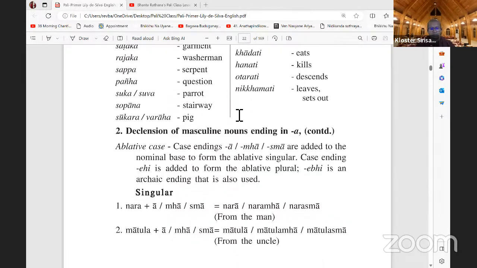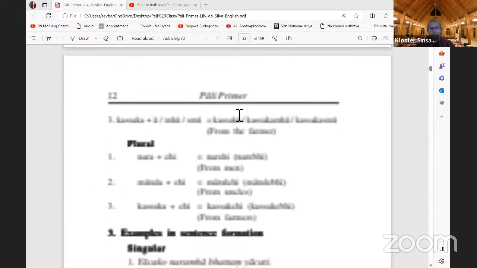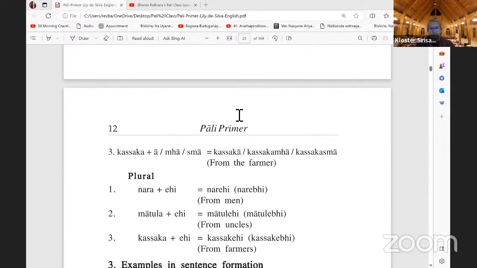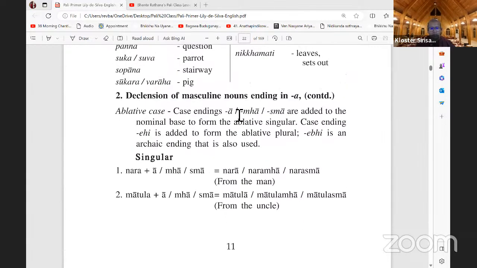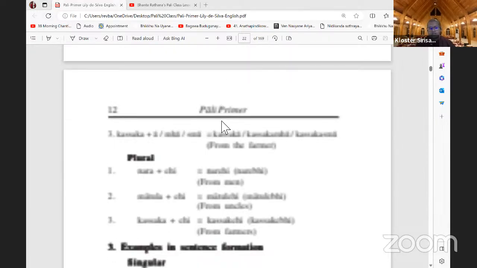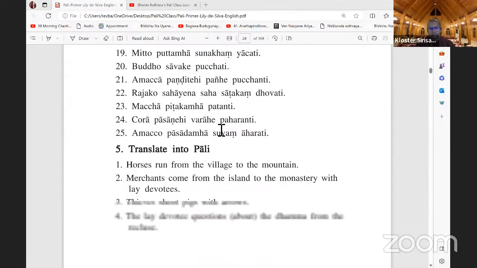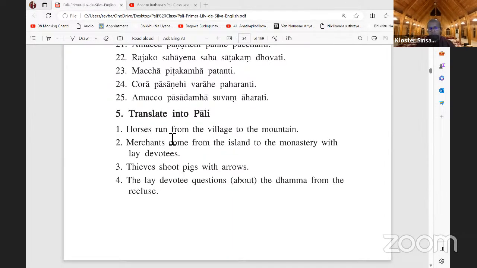Panchami. Ablative case means Panchami. So here the ablative case is gamamha, right? The separation. So from the village is the ablative case. That means separation, right? So gamamha pabbatan davanti.